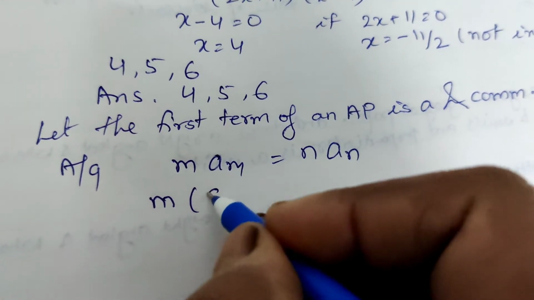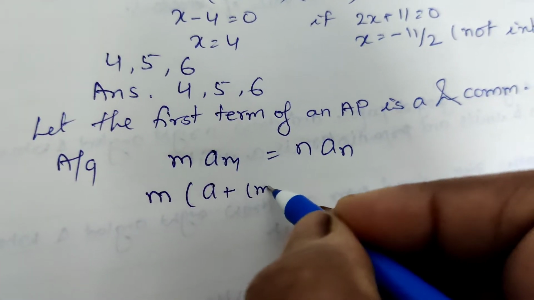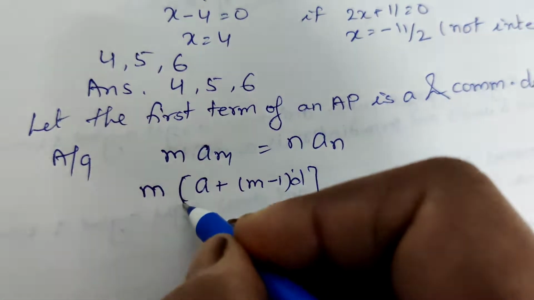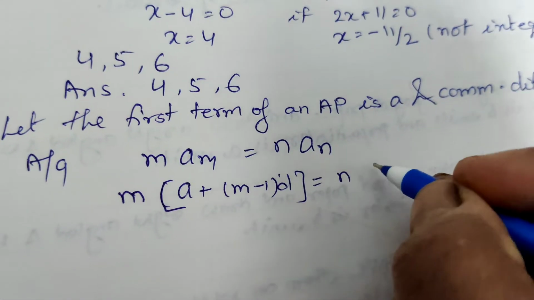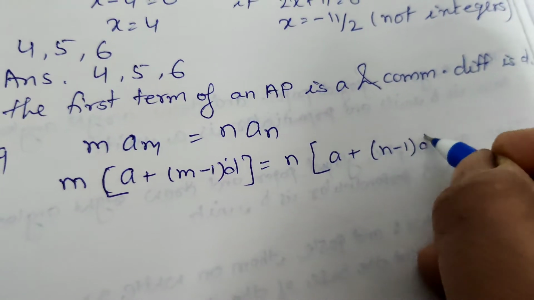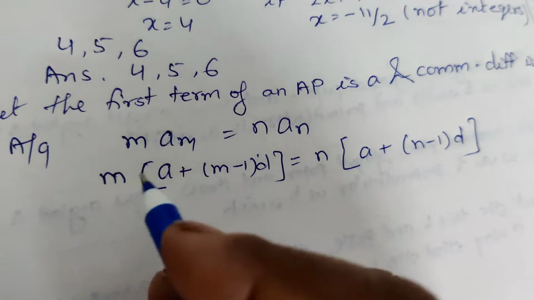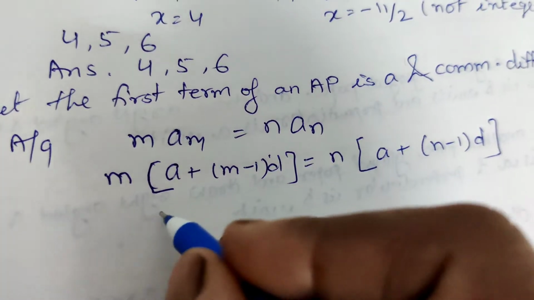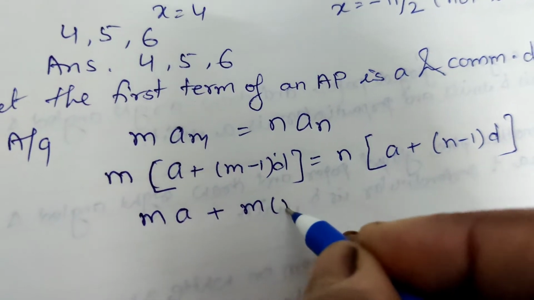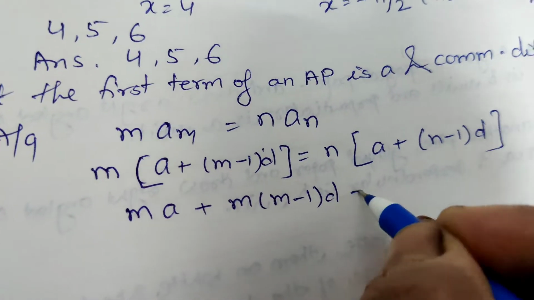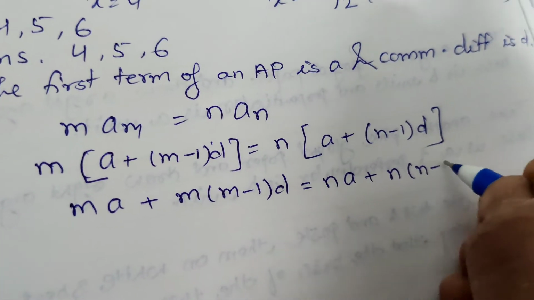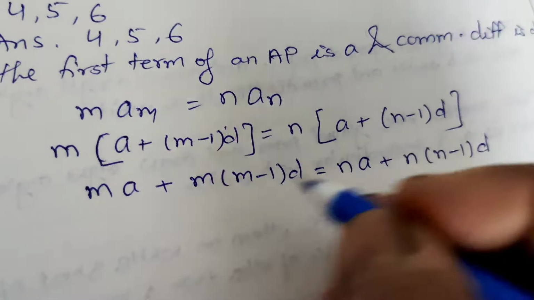The formula of the mth term is a plus m minus 1 into d, so m times that is equal to n times the nth term, a plus n minus 1 into d. We have to find the relation between a and d. Now simplify: m into m minus 1 into d equal to n into n minus 1 into d.